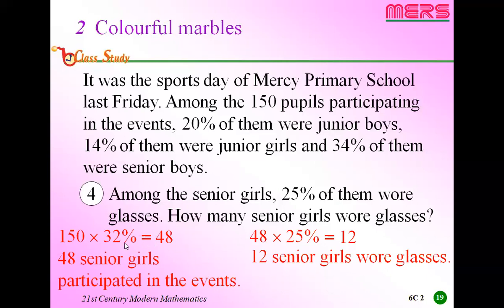Method 2 is easy. It's just what we did in Billy's questions. We use the total number of pupils times 32% and then times the 25% who wear glasses in one go to find the number of senior girls who wore glasses.